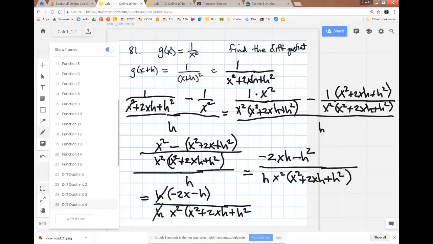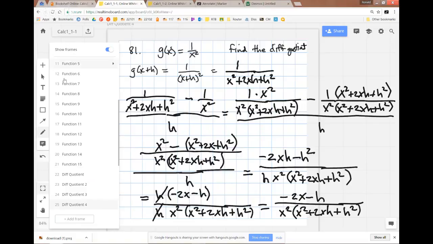So anyway, then you can cancel the h's, and finally, we're down to what's left there. This gets pretty involved when you're dealing with fractions, but that would be the difference quotient.